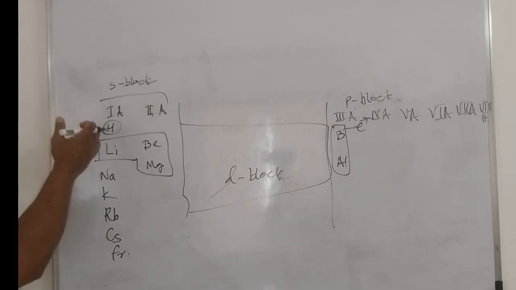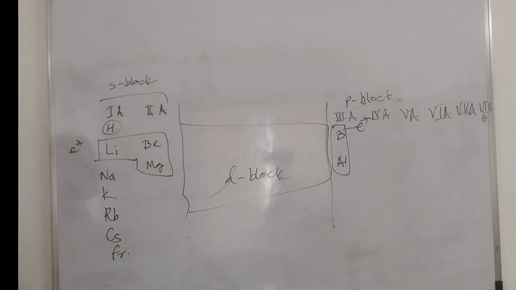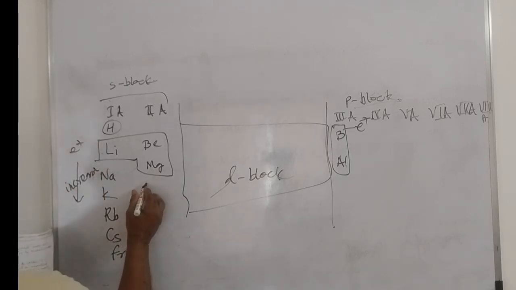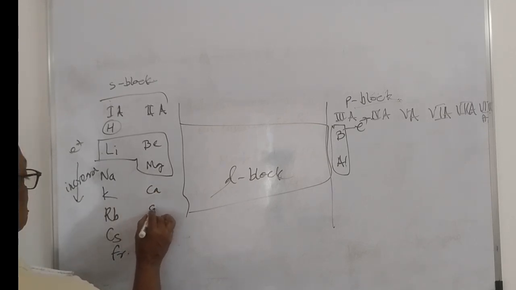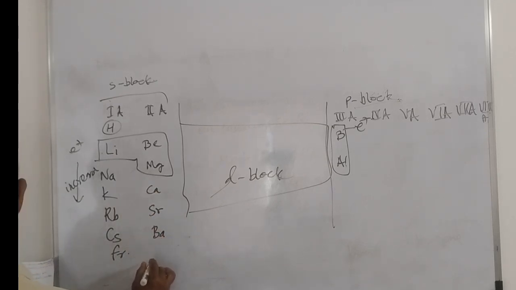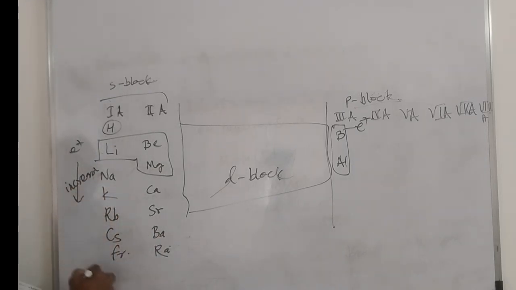As we move down the group, the electronegativity decreases, or in other words, the electropositive character increases. Similarly, here we are having calcium, strontium, barium and radium. So these elements are also strongly electropositive.